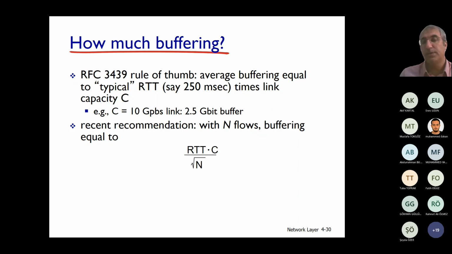For instance, let's say my link has a capacity of 10 gigabits per second and RTT is 250 milliseconds. If you multiply 250 milliseconds by 10 gigabits per second, the required buffer is 2.5 gigabits. But there's a more recent recommendation: if you have N data flows, buffering is equal to RTT times capacity over the square root of N.